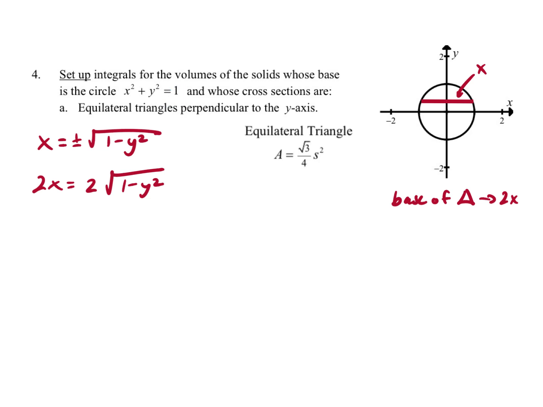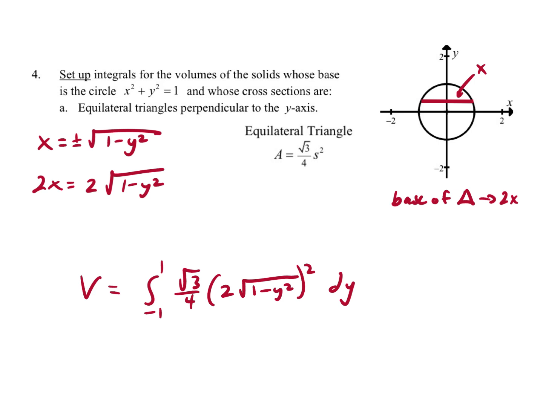Okay, so for the setup, again, here's our formula for the area of an equilateral triangle: square root of 3 over 4 s squared, and so my setup just looks like that. From negative 1 to 1, we have the square root of 3 over 4. Take that side that we generated here, square it. This is with respect to y.